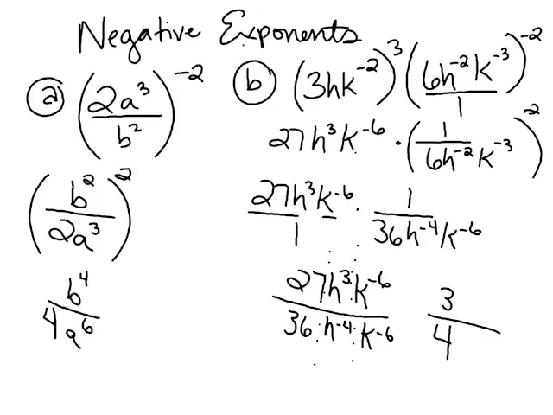Well, not really, unfortunately, because this is a negative. What was the rule when I had a negative exponent? What did I do? Turn it into a positive. Okay, I have to use the reciprocal and turn it into a positive. So I can write this as h to the negative 4 over 1.